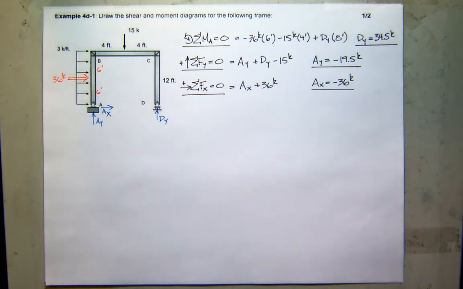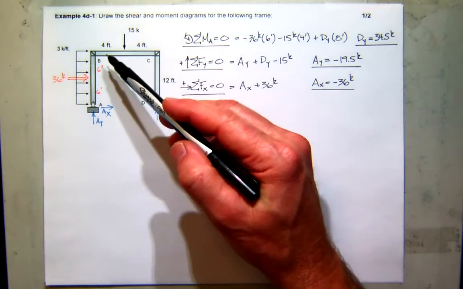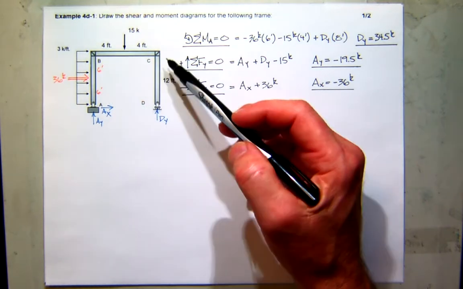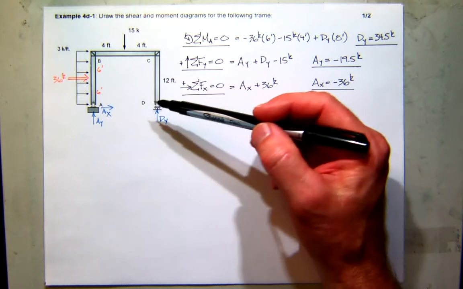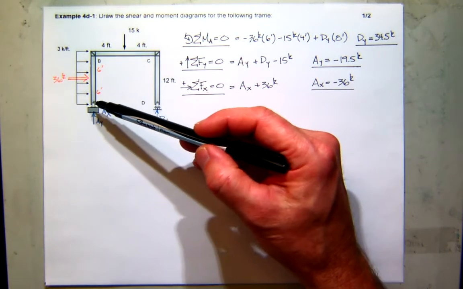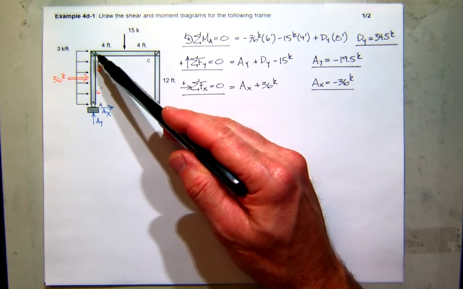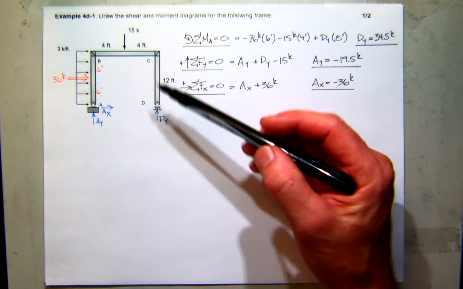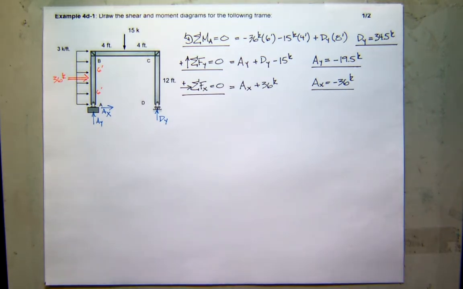Okay? So now what do we do? I think we need to start taking this thing apart at B and C. Looking with your experience in looking at the structure, imagine A to B as a free body diagram, a second free body diagram from B to C, and a third from C to D. Which of those three are going to be easier to work?